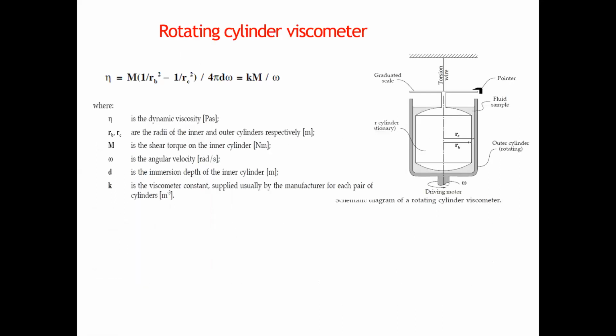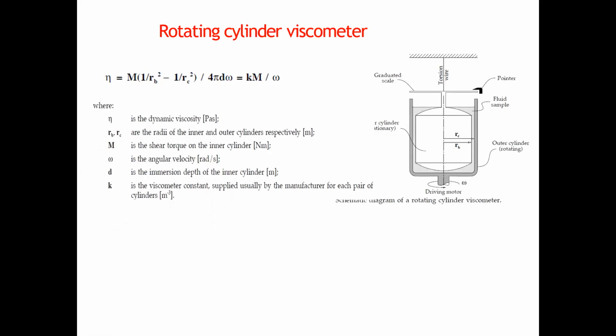Rotating cylinder viscometer. If you observe the schematic diagram of a rotating cylinder viscometer, you will have a graduated scale and a pointer. Of the cylinders, the inner cylinder is stationary and the outer cylinder is rotating. The inner cannot rotate.